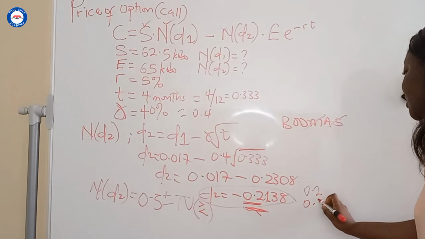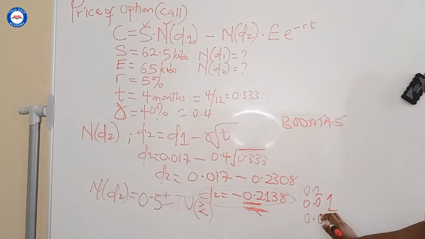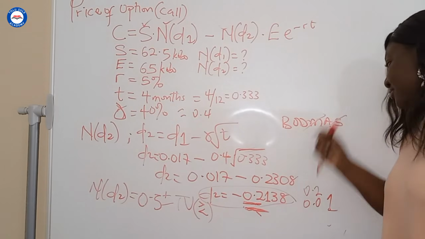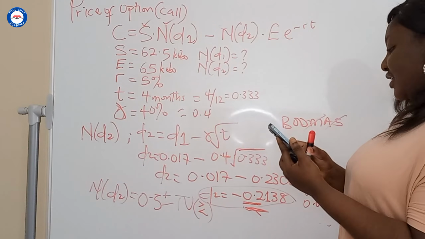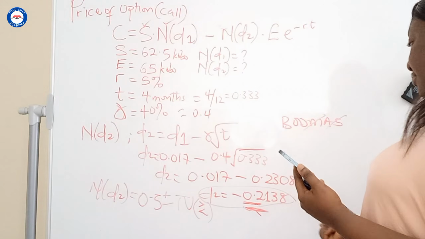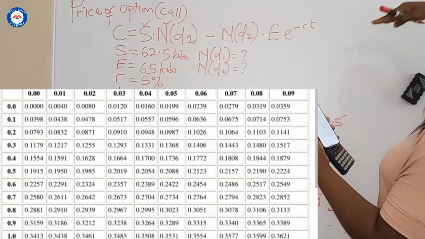Just call it 0.01. If you want to pick the next digit, it's 0.003. I don't know if you understand. That's not important. You see 0.2 on the vertical side and 0.01, 02, 03, 04 across the top.